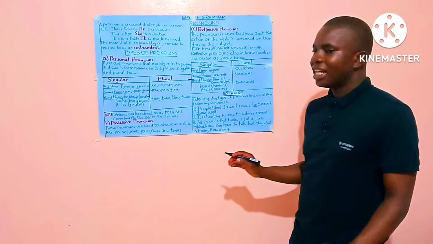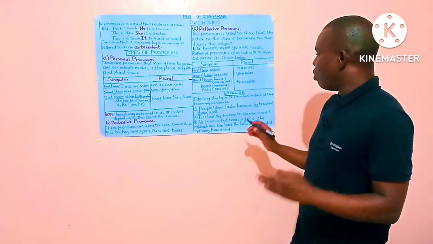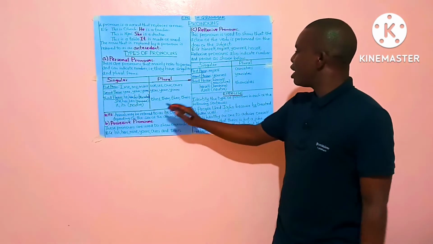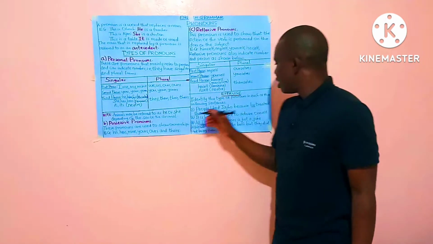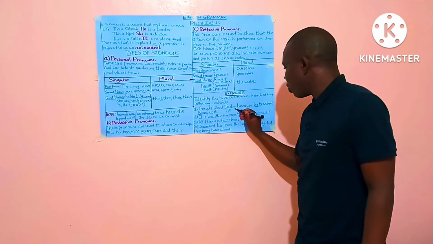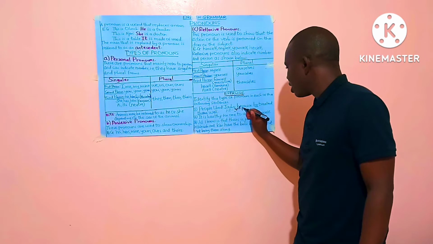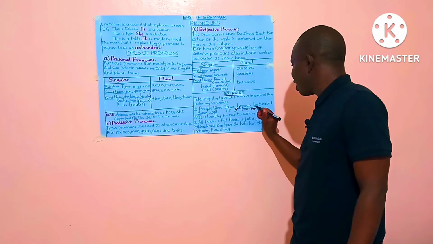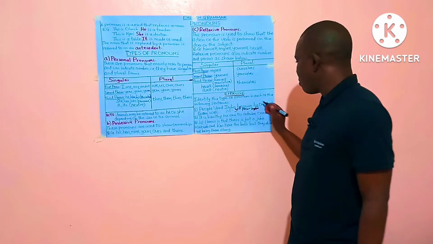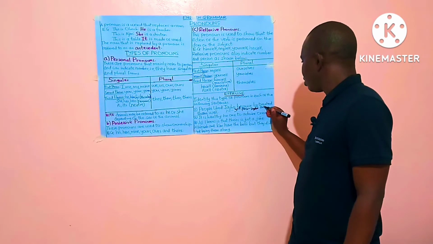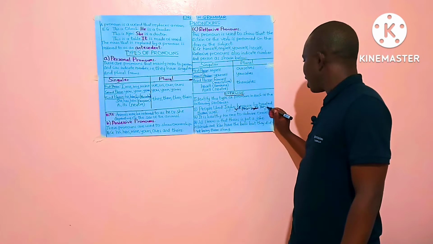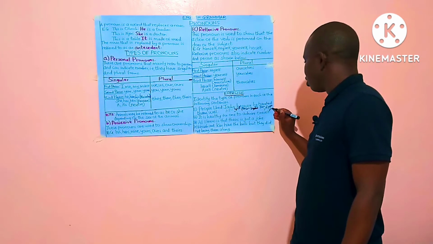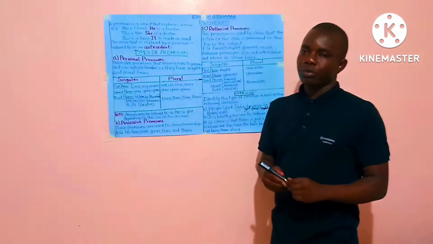So he is the third person singular. Them is the third person plural.